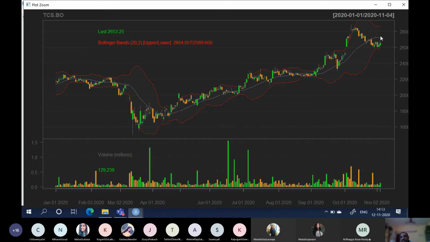Generally traders become cautious when it touches the white line, because the stop losses will be triggered and the sales will happen. Again, when it touches the support line, it will start going upwards. Now it is in an upward trend.